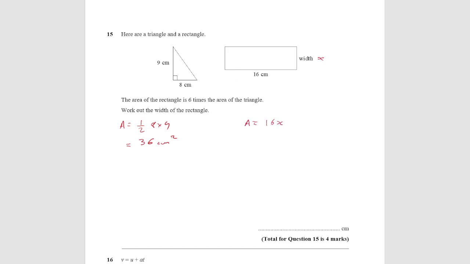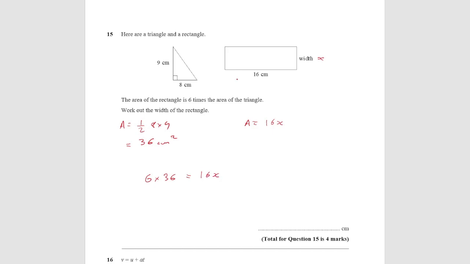So you're told that the area of the rectangle is 6 times the area of the triangle. So if I say 6 times by 36 is going to be equal to 16x.